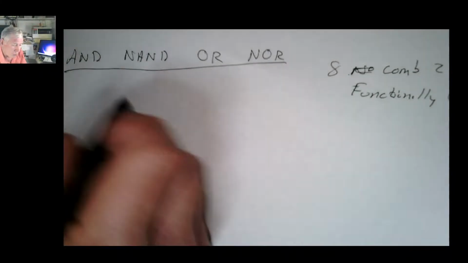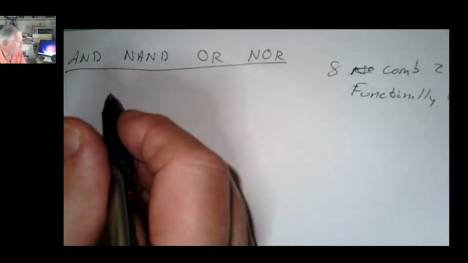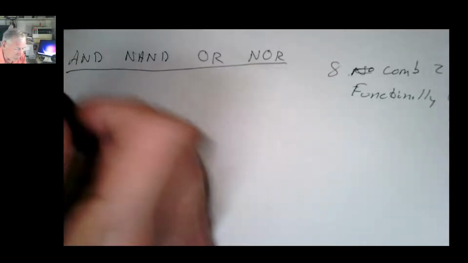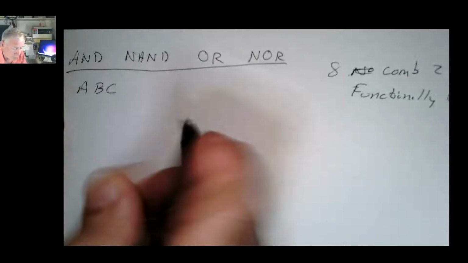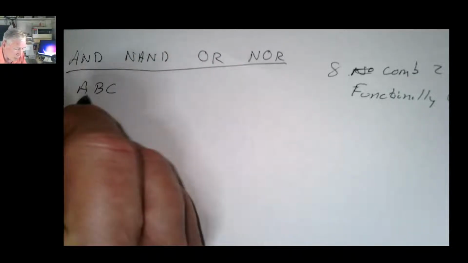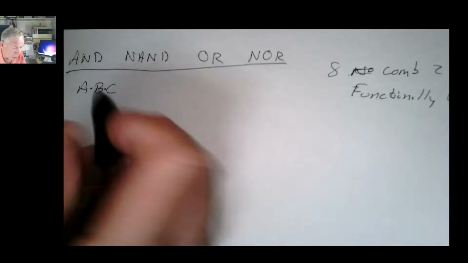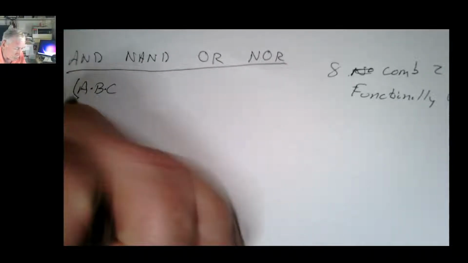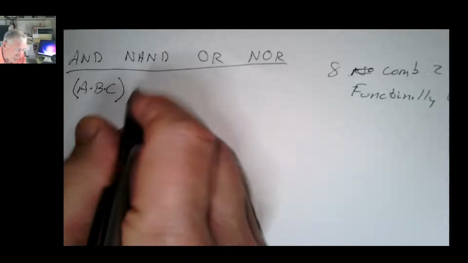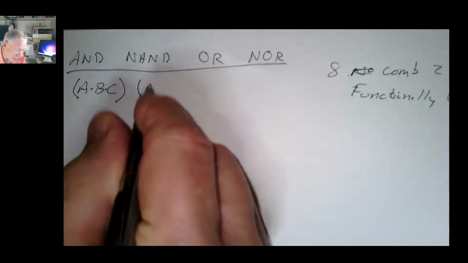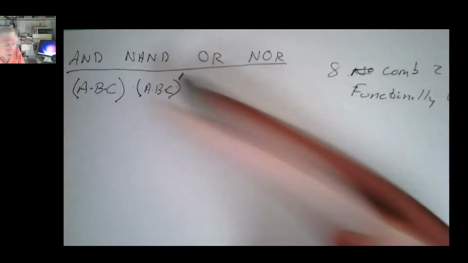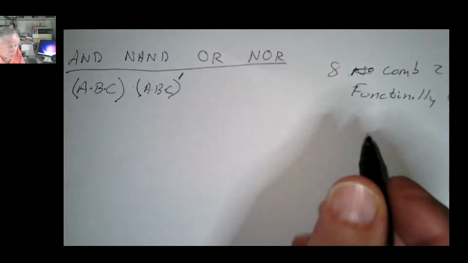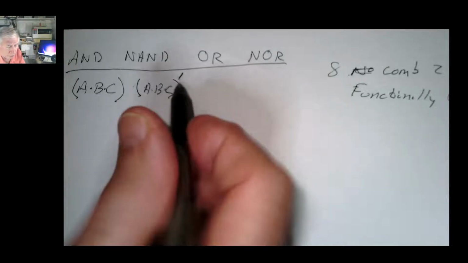All right. So here's where I want you to pay attention. I'm going to put all of these in parentheses, and I'm going to use an example with A, B, and C. Normally we would just write A times B times C. That would be an obvious AND gate. I'm going to put parentheses around it. But a NAND gate is exactly the same thing, A, B, C. We don't really need the dots. With a prime on the parentheses, which basically means we invert the output.